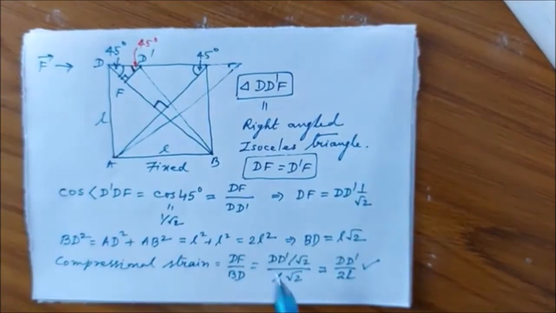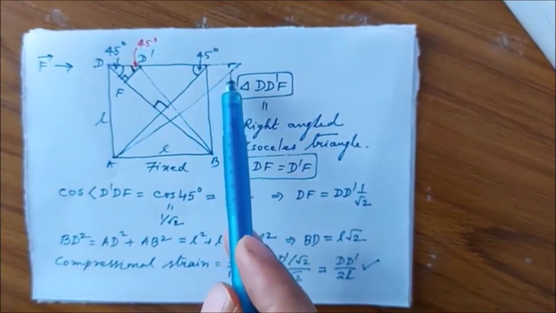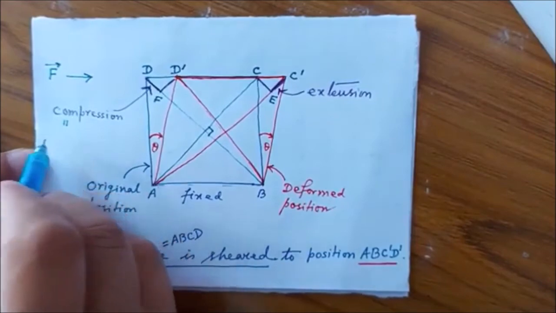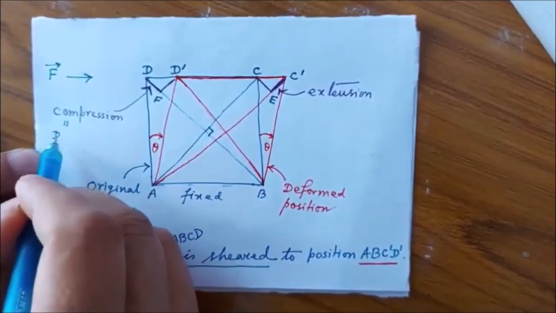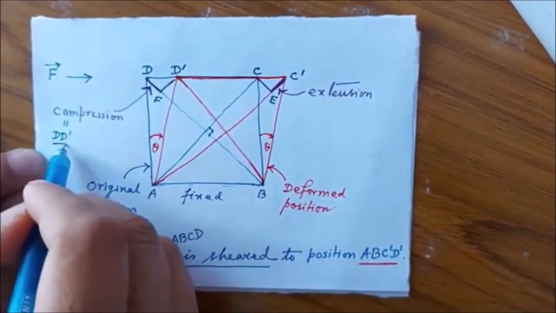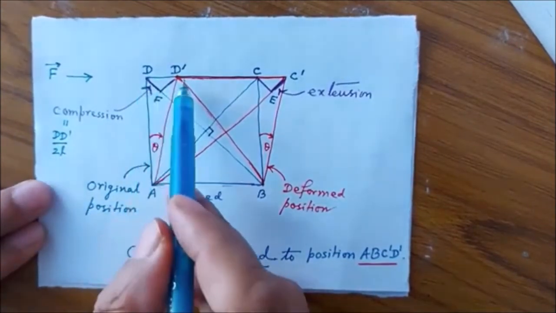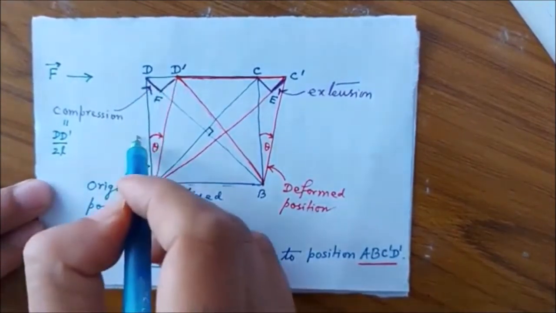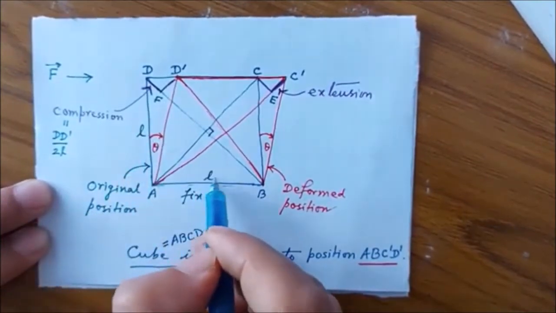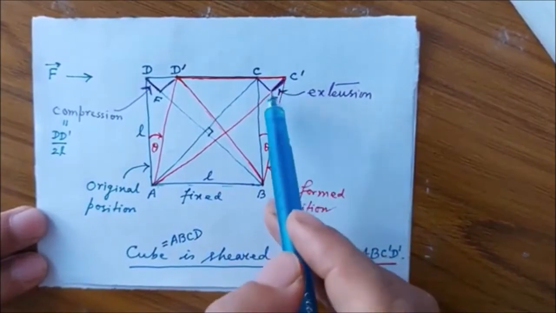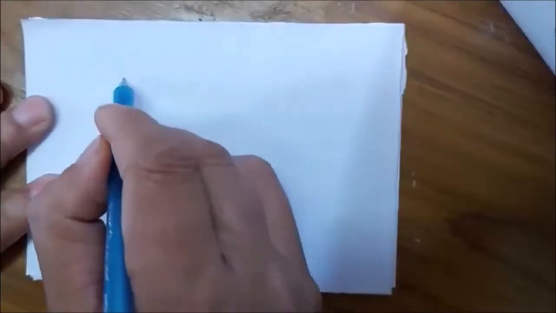Let us now find out the extensional strain. So the amount of compression that we got is dd prime by twice L, where L is the length of the cube. We will now find the amount of extension, that is C prime E. Let us draw the cube once again.